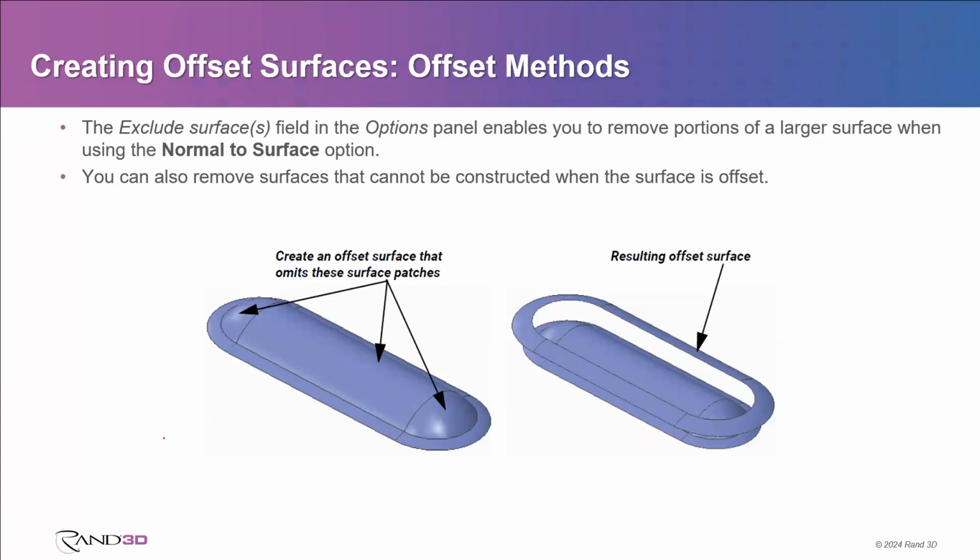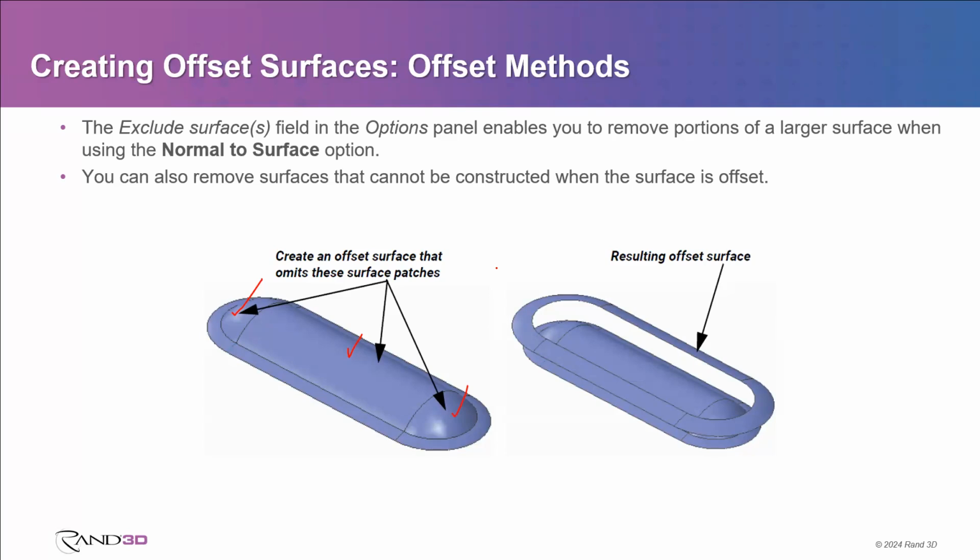When I get into the offset feature, I could ask Creo to exclude these three surfaces out of the quilt, and then it's going to offset the other ones. Now, if you're doing one of the approximations, like the automatic fit or the controlled fit, you have to do the entire quilt. If you're doing the true normal to surface offset, then Creo will have this exclude option where you can exclude certain surfaces out of the quilt.